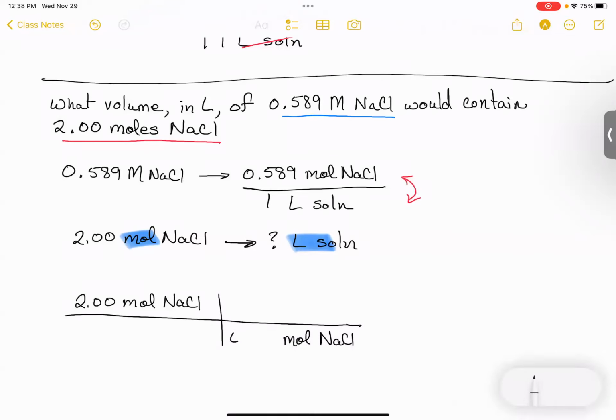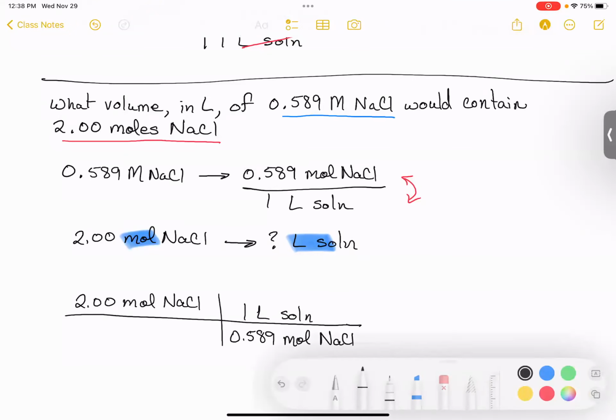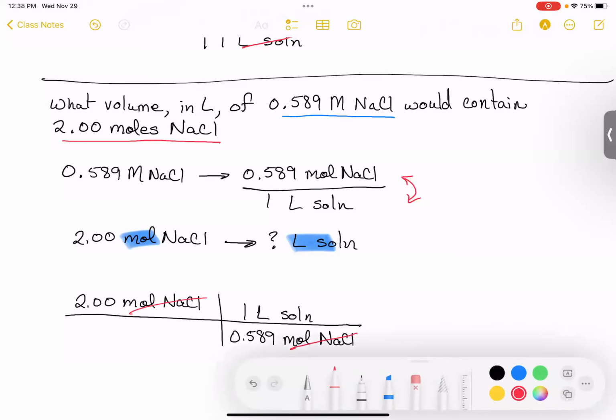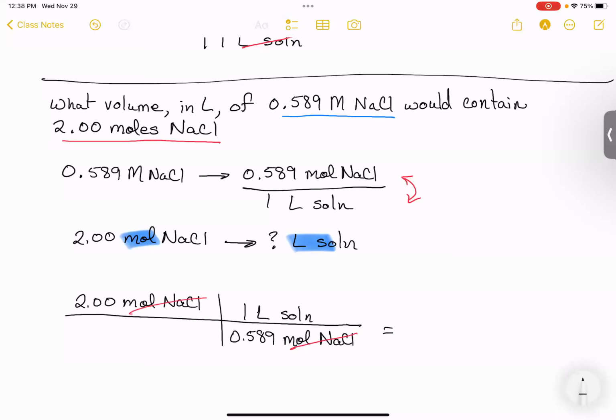So I'm going to put the 0.589 in the denominator and the 1 liter of solution in the numerator. It is placed in that order so that the moles of NaCl will cancel out, leaving liters of solution. And when you calculate this out, you get 1.178 liters, or in significant digits, 1.18 liters of solution.